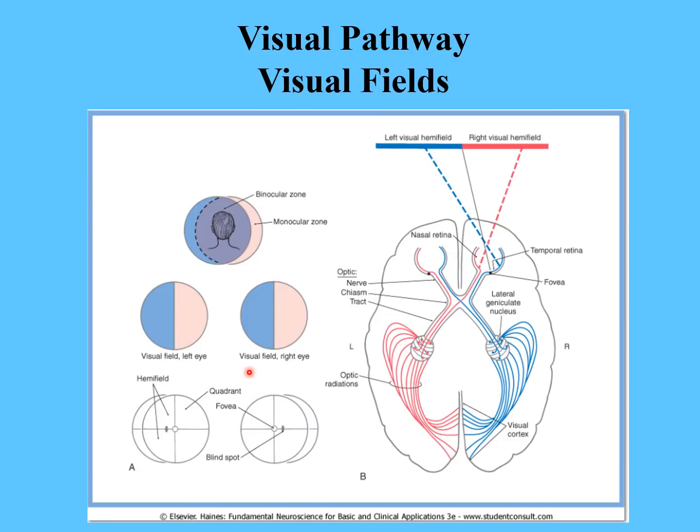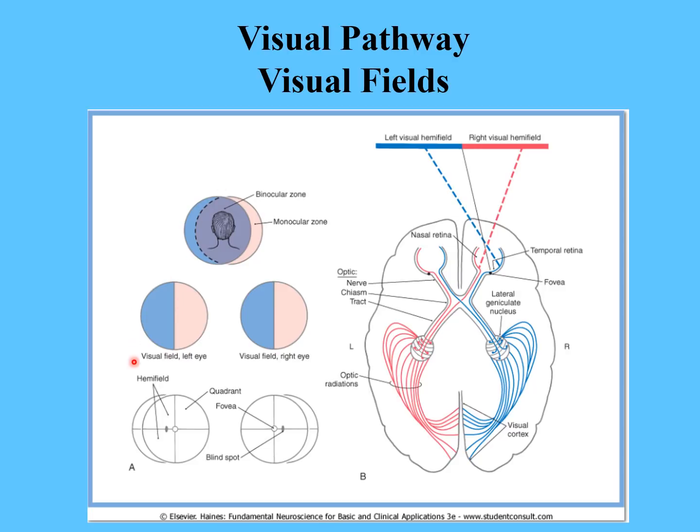Now, the visual fields are of particular interest because they give us a very good indication of the way in which the world is represented by the two eyes and how the images of the two eyes come together within the brain.